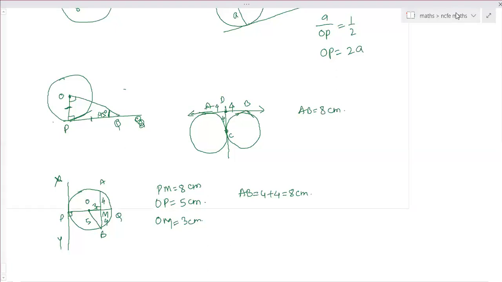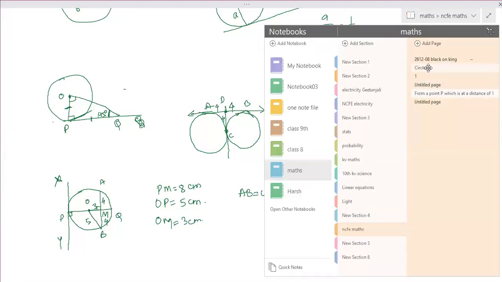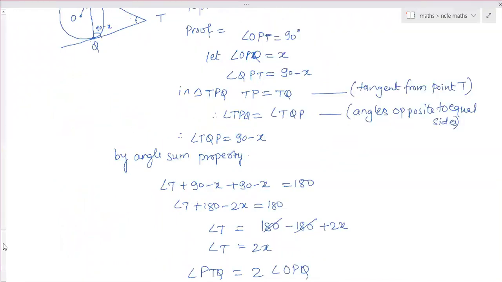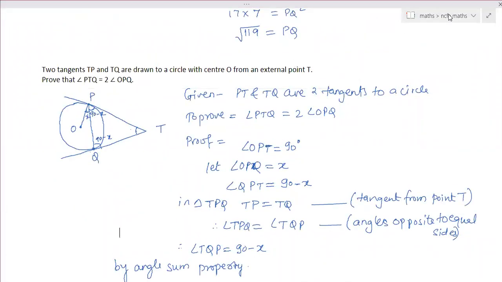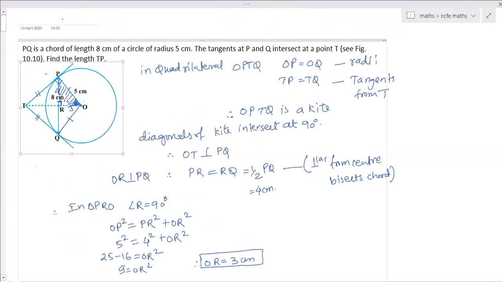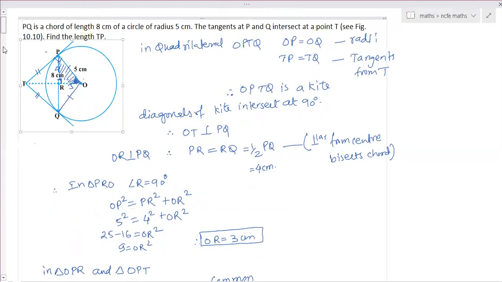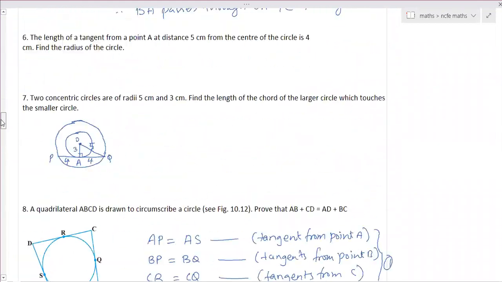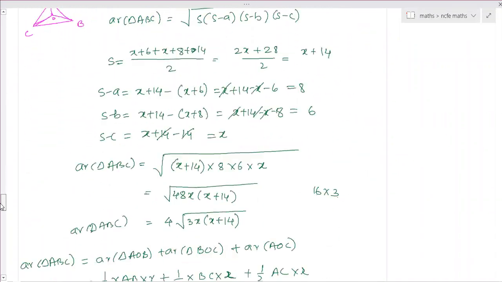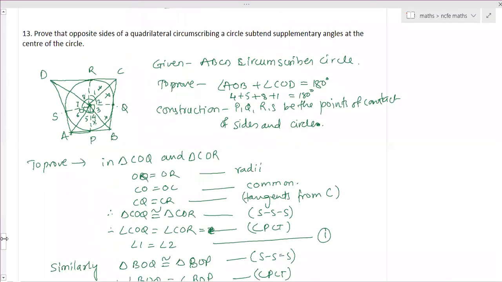I couldn't get it this time. NCERT, this question, remember? The last question of NCERT.